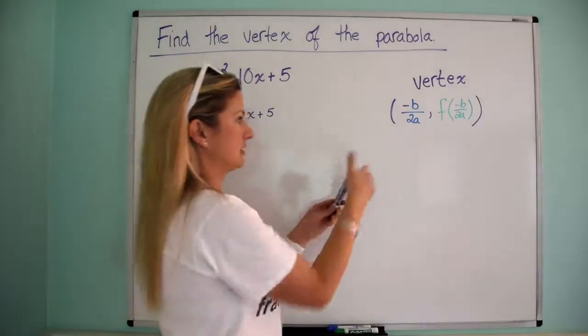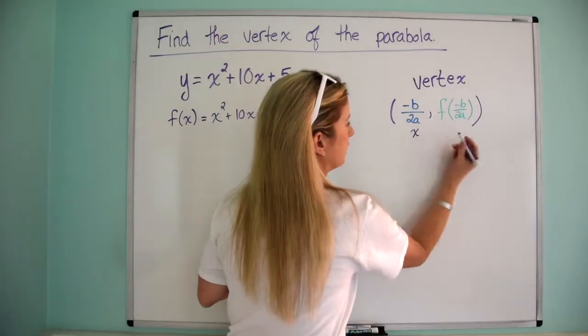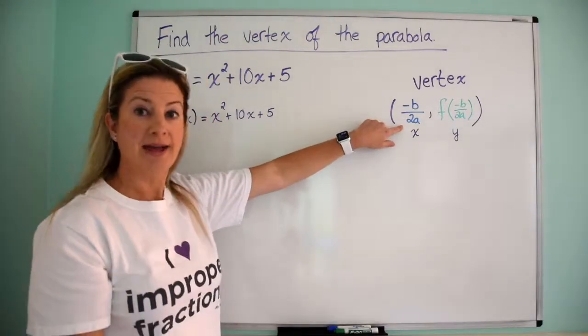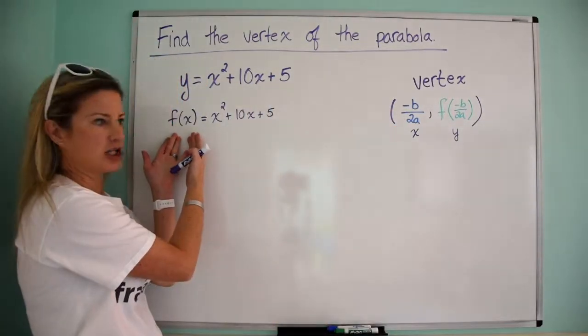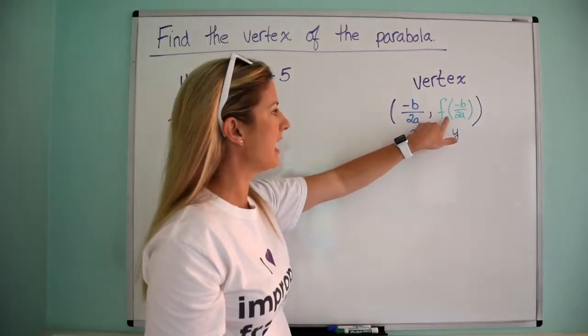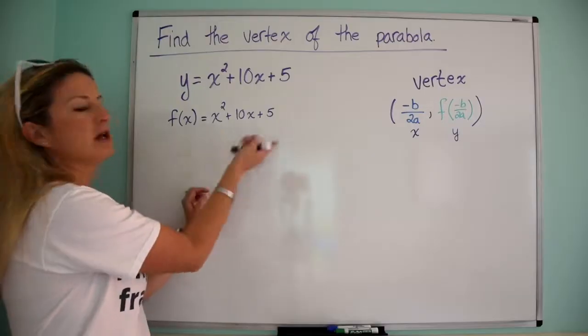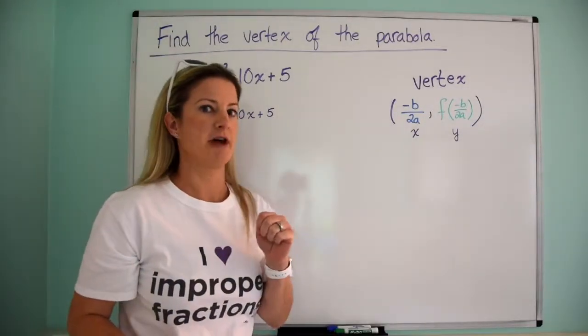So this is your x coordinate of the vertex, this is your y, and you just find x and then plug it back into the function to get y. So f of whatever, like if I said f of 3, you would plug 3 in for x and out would pop your y value.